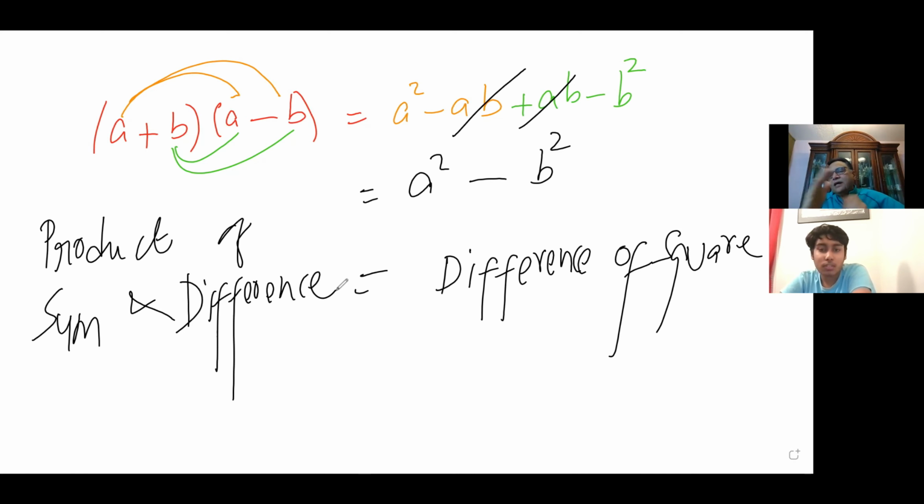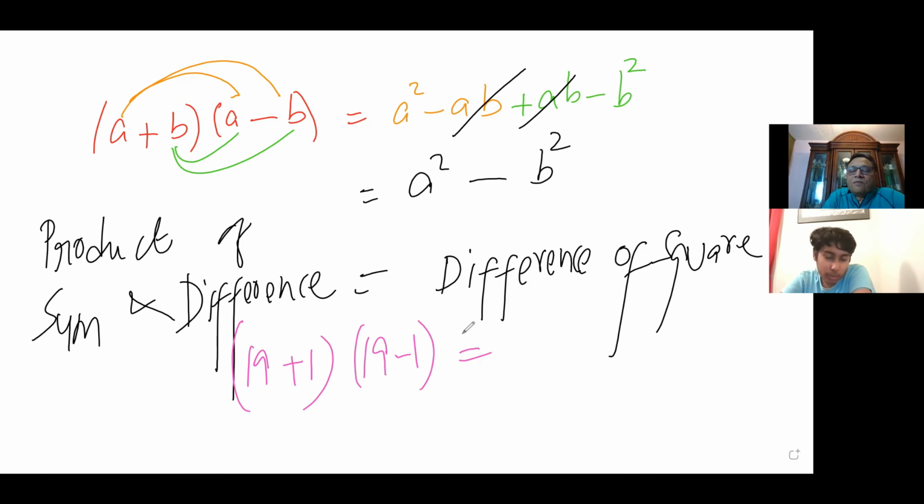When you're multiplying the product of sum and difference with the same numbers, you get difference of squares. For example, if I do, let's say, 19 plus 1 times 19 minus 1, what do I get? You would get 19 squared minus 1 squared. You see that? This is what I get. You get the idea?